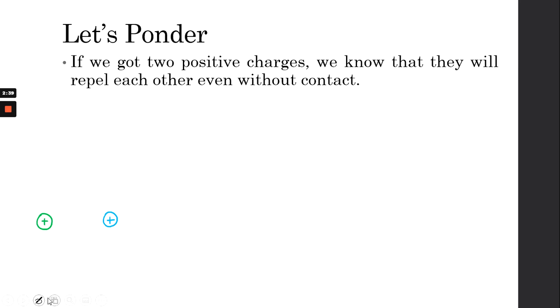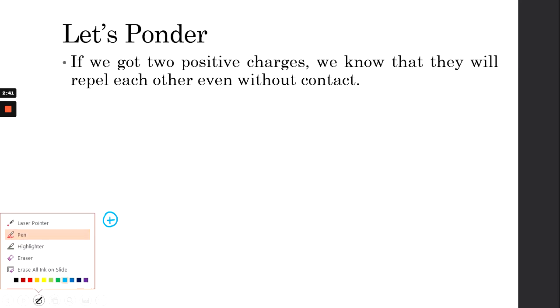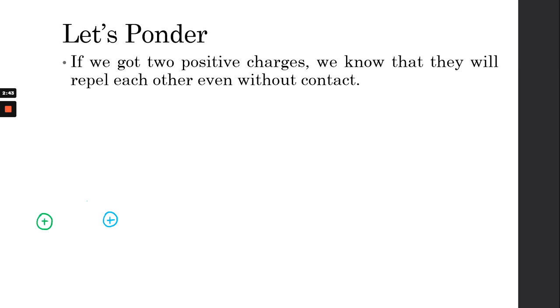And we know that because they are two same signs, there would be a force directed towards this way, which is a force that the blue, let's try blue, exerts on green.